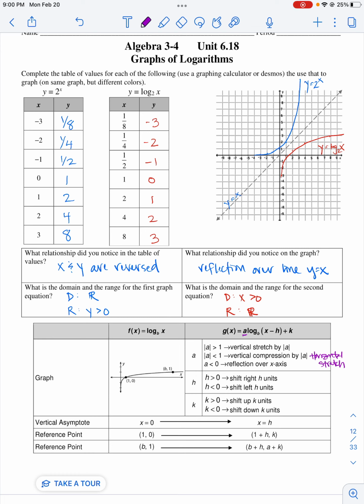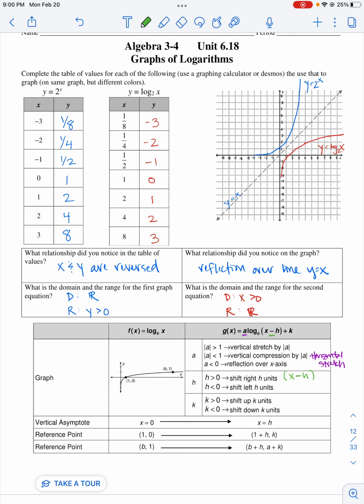Now, when h, which is always going to be attached to x, is positive, we're going to see it shift to the right h units, but remember, you'll see x minus h. That's when h is positive, because the function says subtract. And when I'm subtracting a positive number, I'm going to see a subtraction sign.